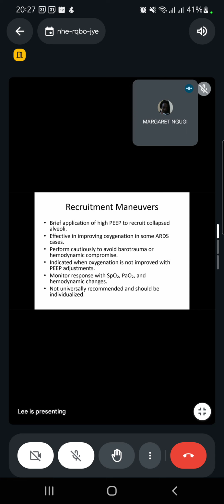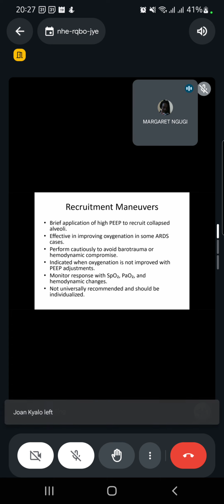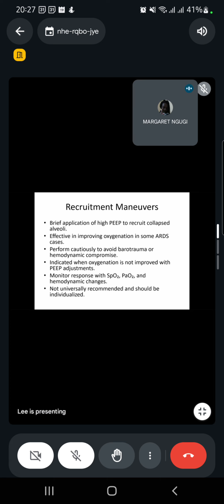We have recruitment maneuvers that have been mentioned there. Others we have are prone positioning, high frequency ventilation, inhaled nitric oxide. These are maneuvers like your last resort, when you're ventilating the patient and the patient is not improving. Those are the recruitment maneuvers.